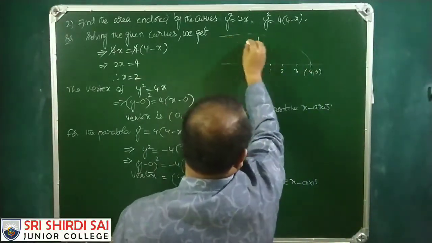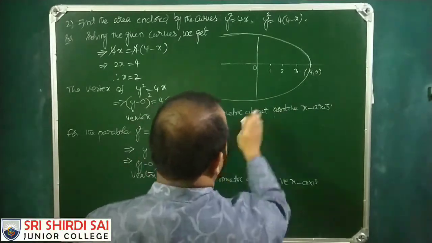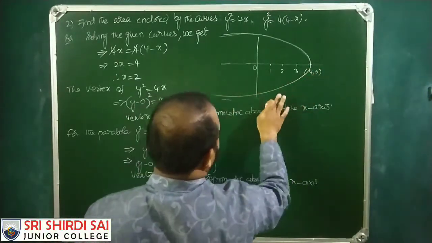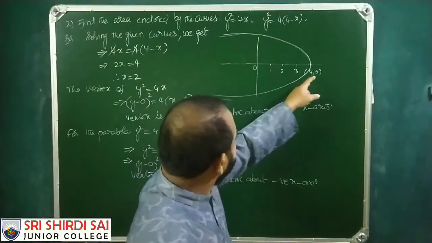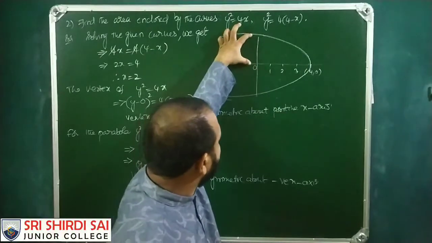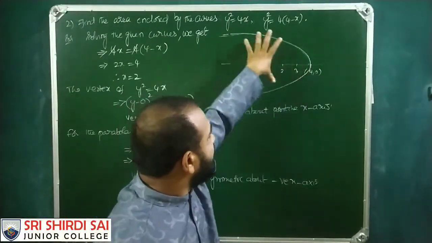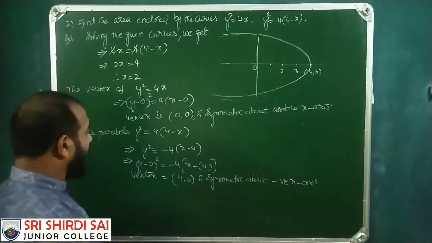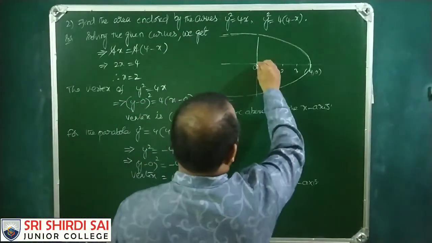So this is that curve, that parabola. Next, the x-axis is acting like a mirror. If this and this are the same, the x-axis cuts the entire portion into two equal parts. And here the vertex is 0 0, symmetric about the positive x-axis.